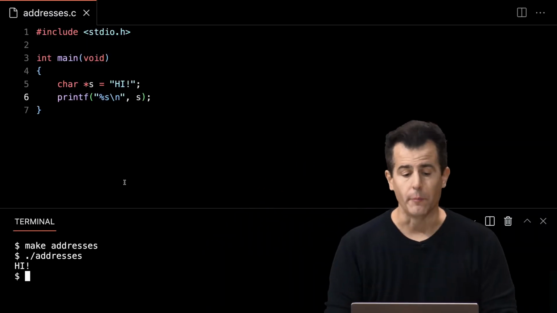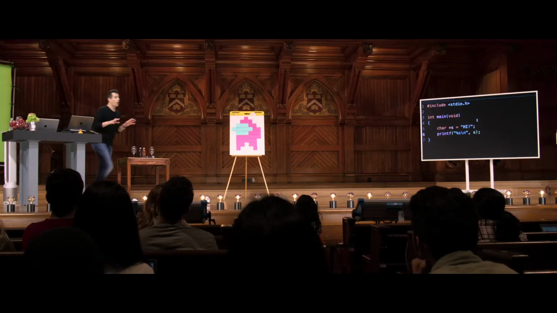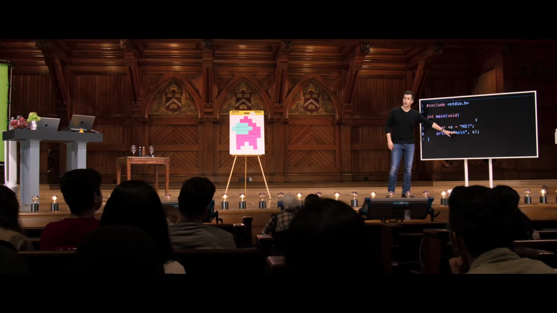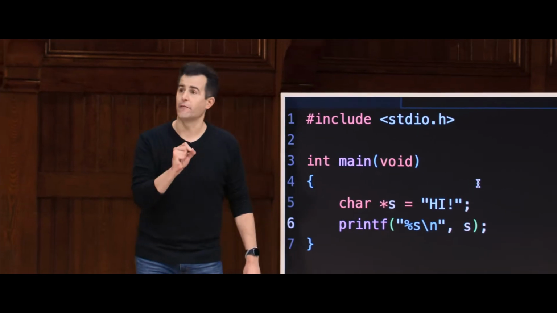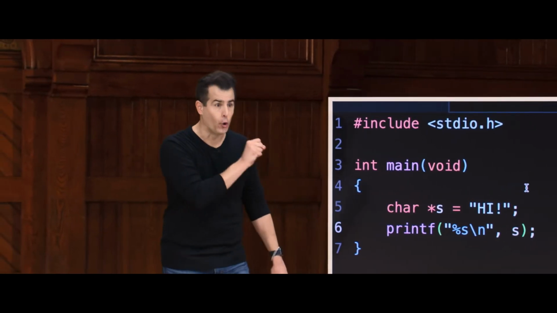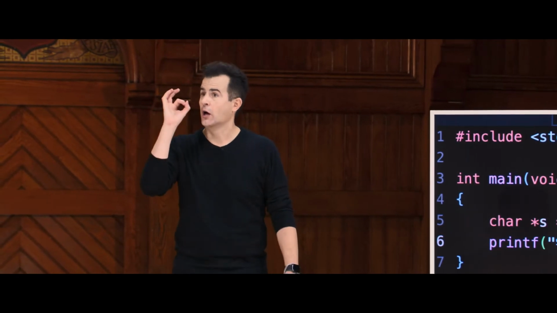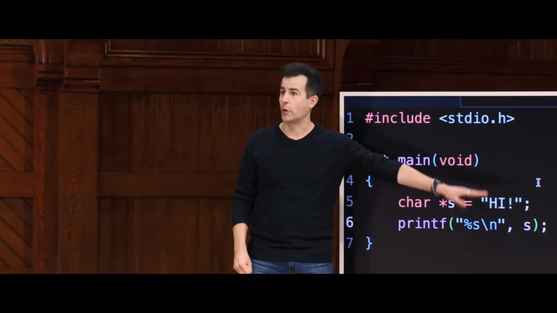Good question. Before, let me zoom in. I did not use a star before the s. Why? Well, it's subtle here, but printf was invented years ago to know, given an address, like in the variable s, printf knows to go there. So if we looked at the source code that some human wrote years ago for C, we would likely see the actual asterisk that you're referring to. Printf is taking on the responsibility for going to s.